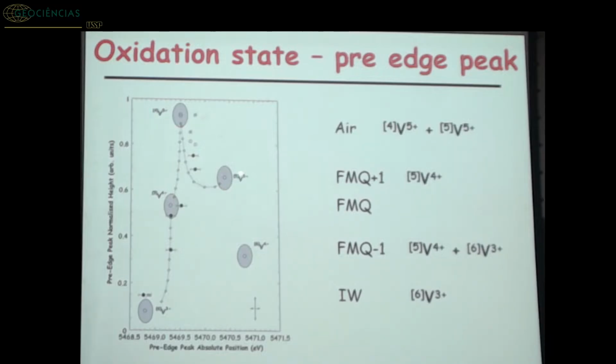So vanadium 5 plus can have a pre-edge peak at this energy and this intensity. Or if you increase the coordination from 4 to 5, you go down to this intensity and increase the energy. Vanadium 4 plus plots here and here according to the 5-fold or 6-fold coordination. Vanadium 3 plus, which is mostly 6-fold coordinated in octahedral coordination, usually plots in this range.